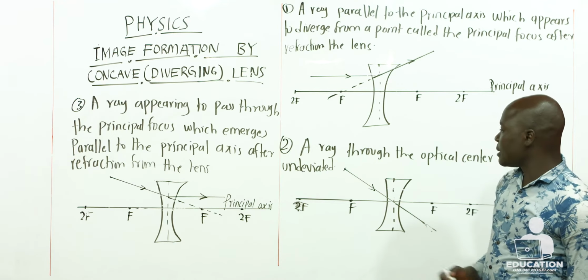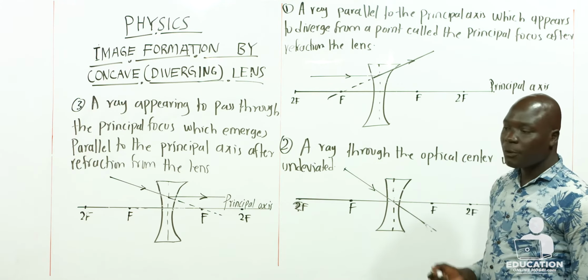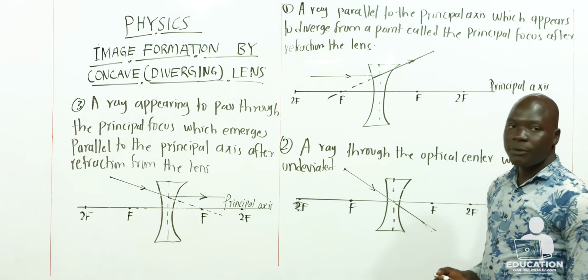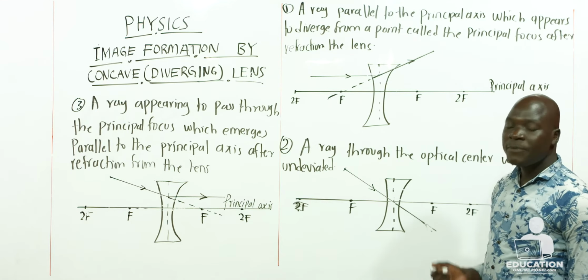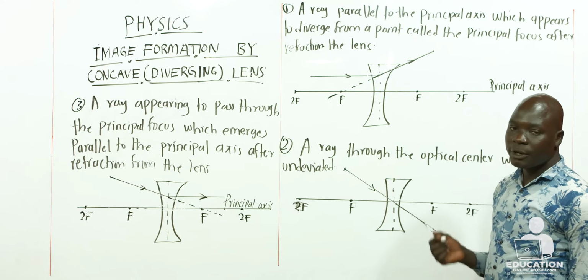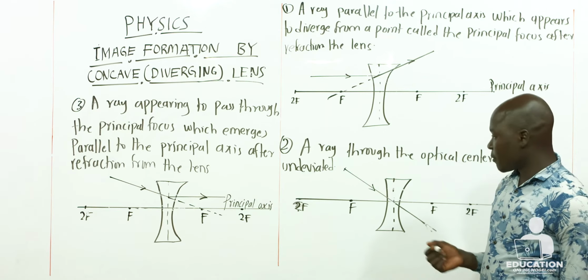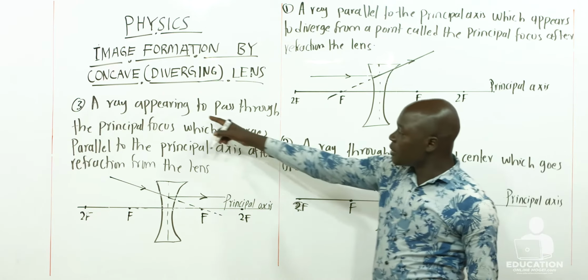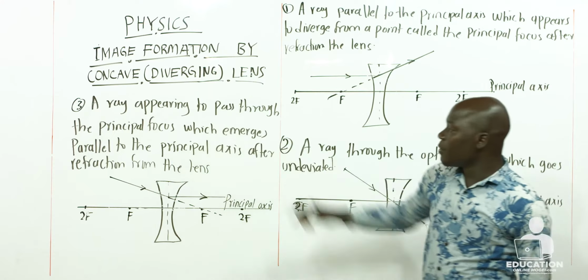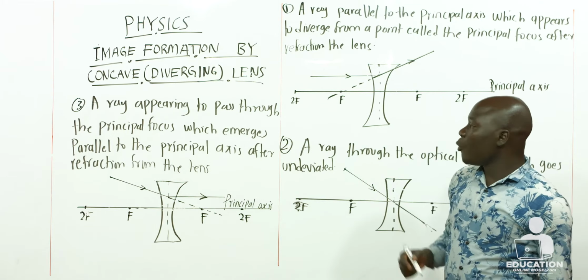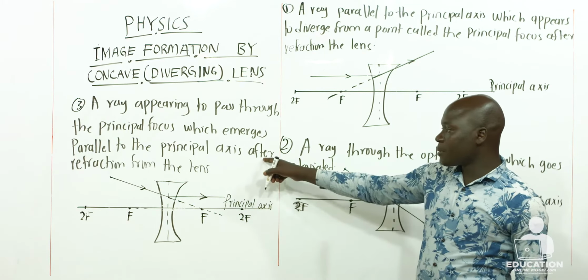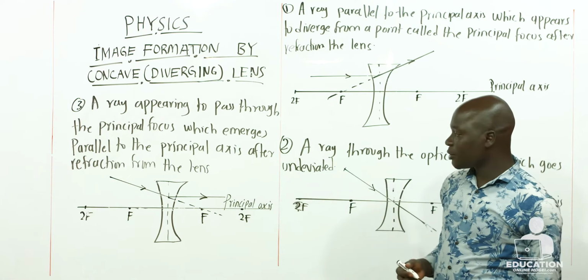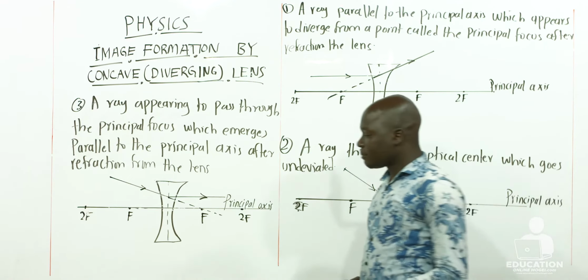The second ray is a ray through the optical center, which goes undeviated, meaning its direction will not change. It will go without refraction. The third ray is a ray appearing to pass through the principal focus, which emerges parallel to the principal axis after refraction from the lens.